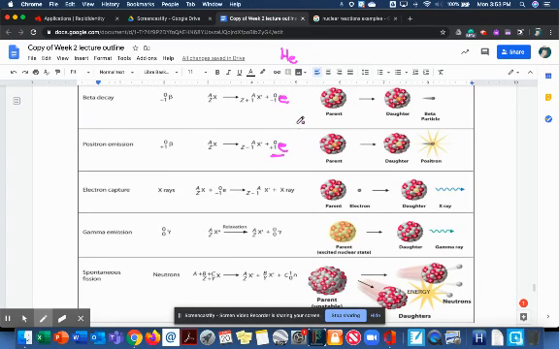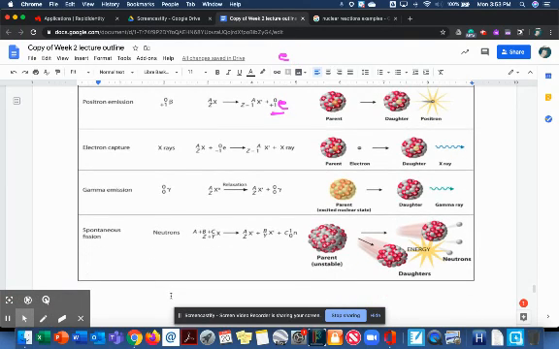Gamma rays are also produced in a lot of other decay processes. But notice gamma rays do not change the mass number or the atomic number. It's a way of releasing a large amount of energy.